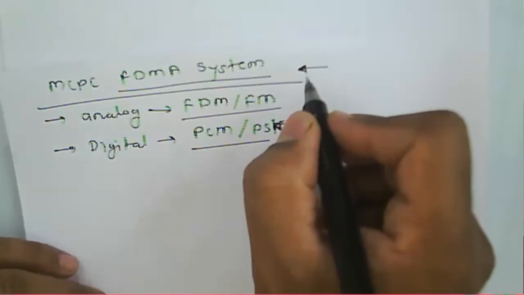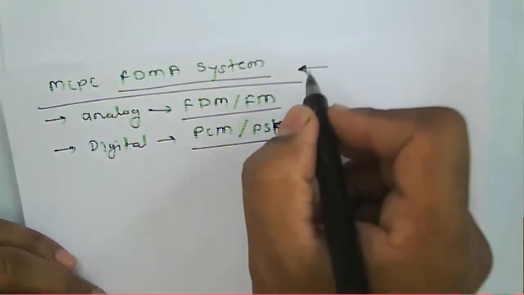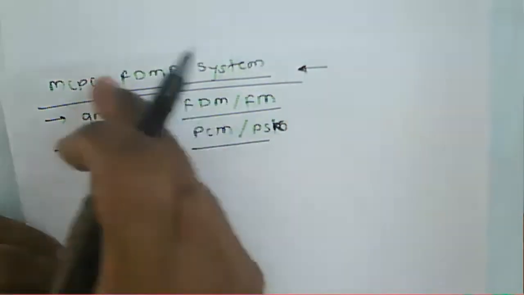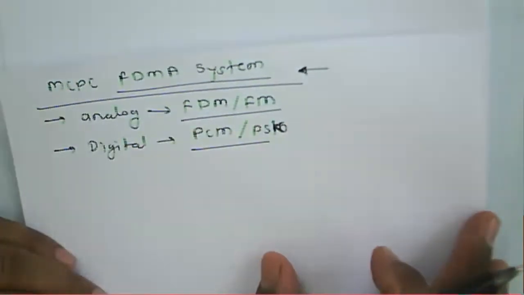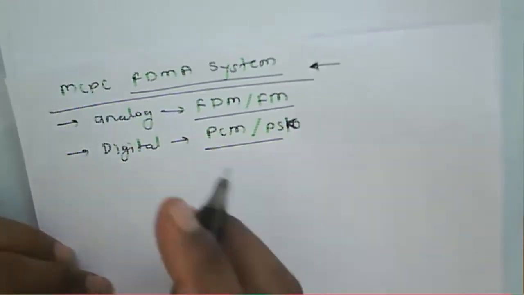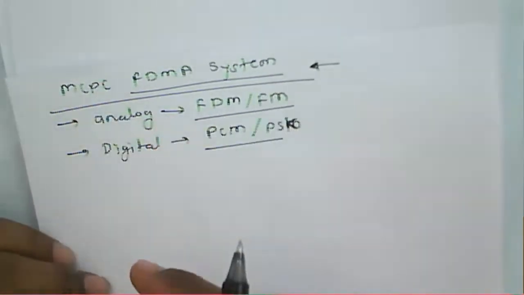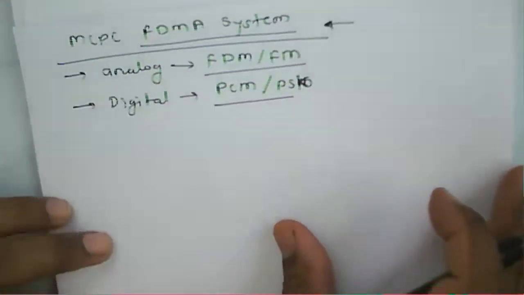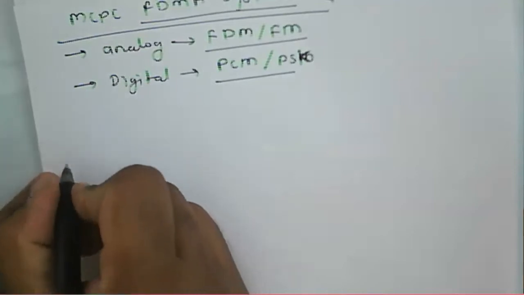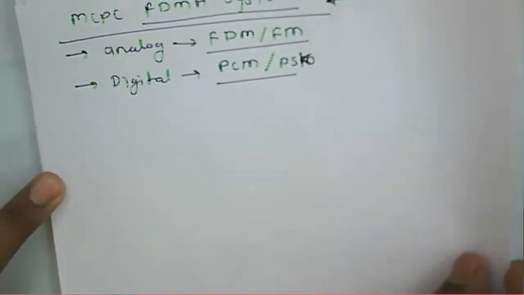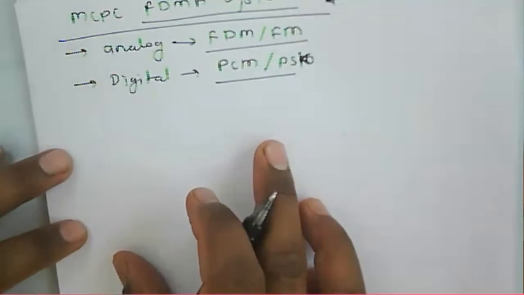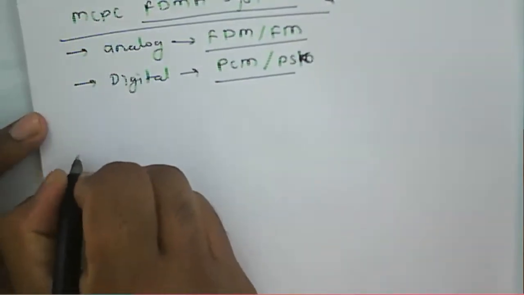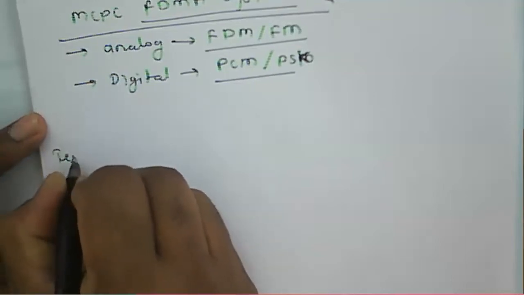This FDMA access system was used initially in satellite systems. Now this MCPC FDMA system has earth station equipment, which we can consider a terrestrial interface.